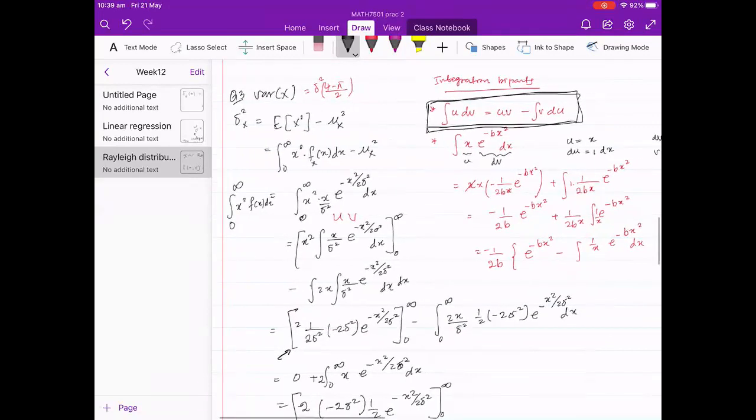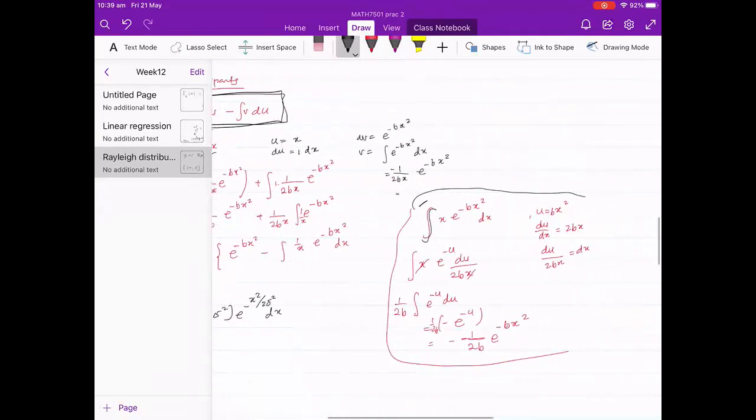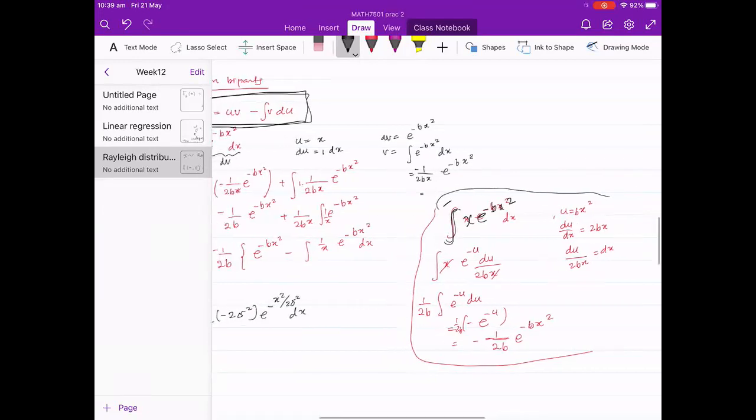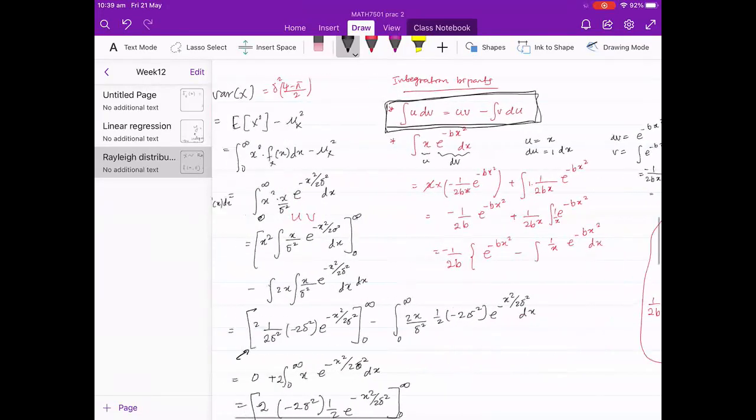Every time I compute this, I noticed that I had to compute an integral of this form. So I computed the integral of x e to the power minus bx squared first, where b can be a constant, which gives me minus 1 over 2b e to the power minus bx squared.